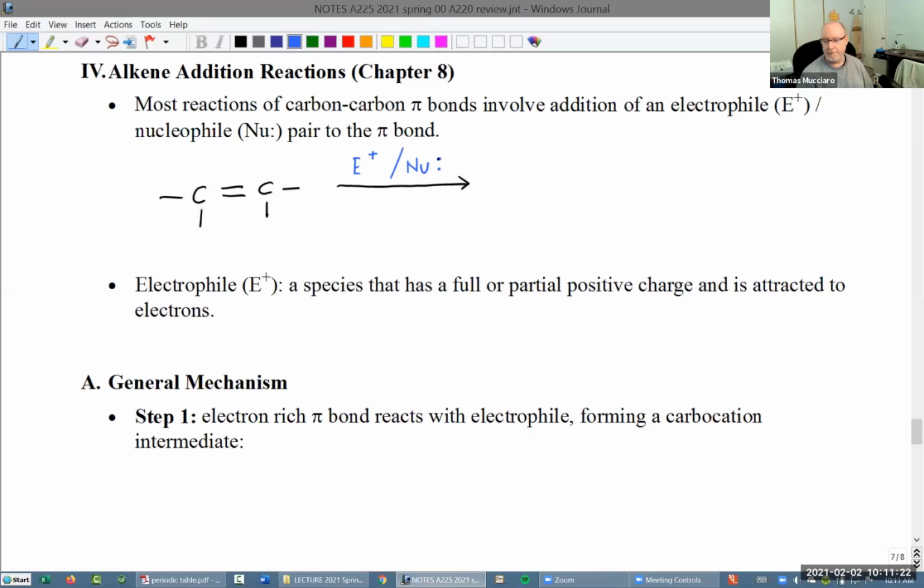one way that we look at these double bond reactions is we look at the reagents that react with the double bond and we say that reagent can be broken into an electrophile, which is something with a positive charge. It's attracted to electrons. The pi bond has a lot of electrons, so it's attracted to the pi bond.